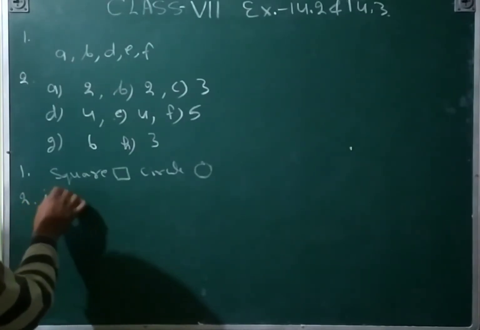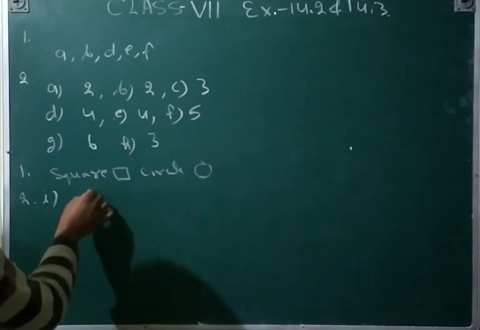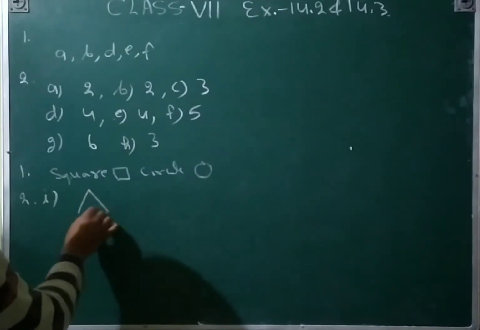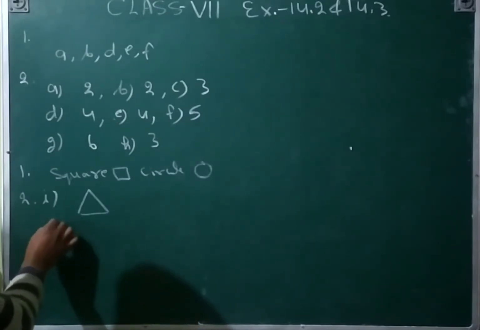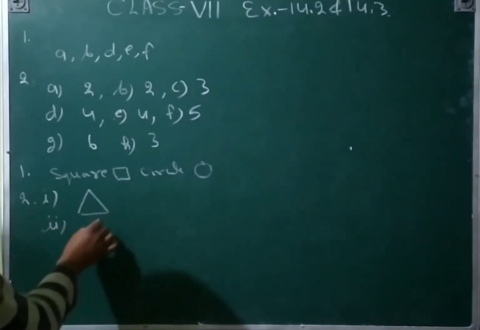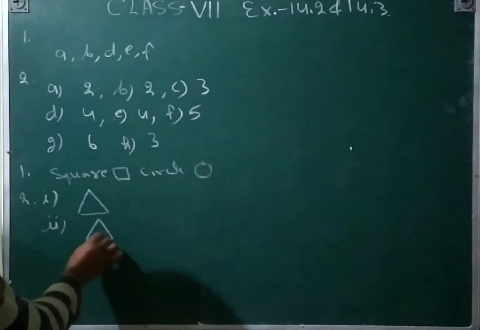First part, that is an equilateral triangle, a triangle with both line and rotational symmetry. A triangle with only line symmetry and no rotational symmetry, that will also be a triangle, but that will be an isosceles triangle.